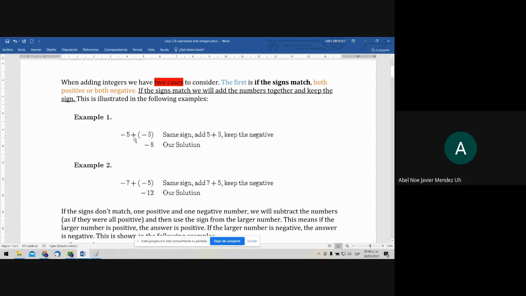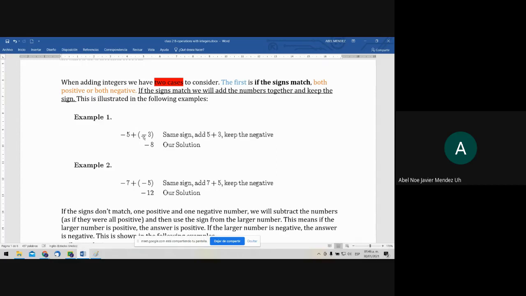And example number one, we have here an operation, okay? Which kind of operation is it? It's an addition. Very good. It's not a subtraction. It's not a multiplication, okay?